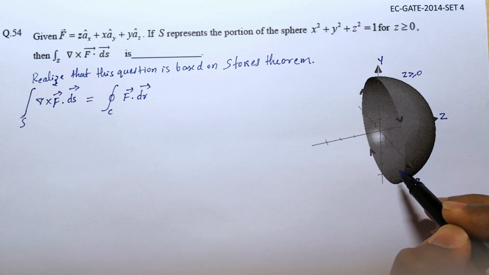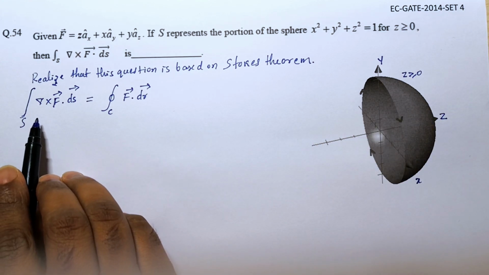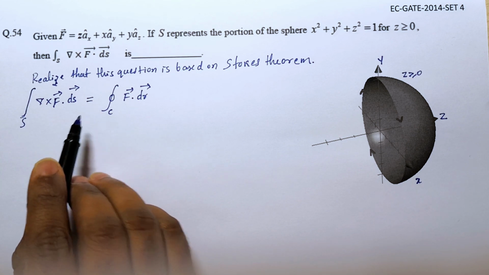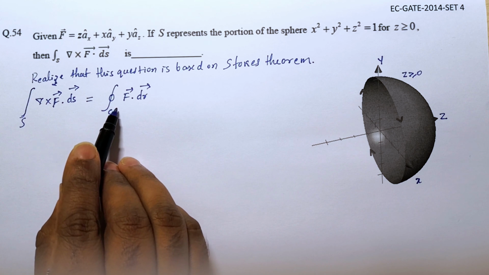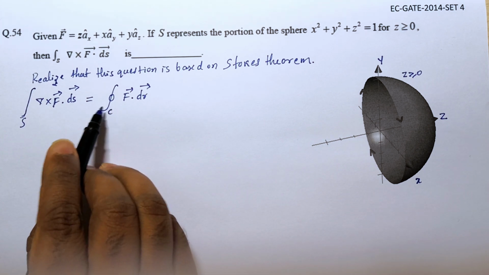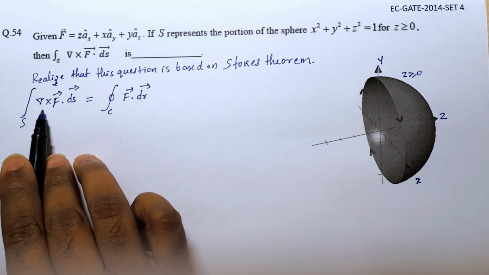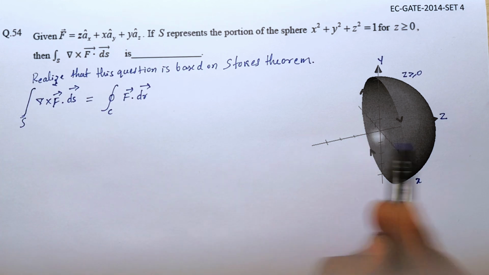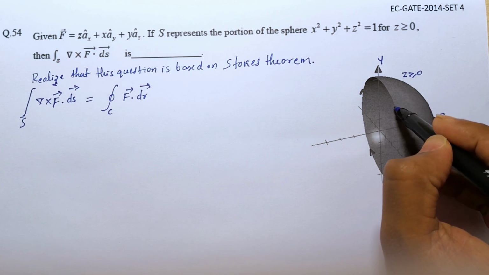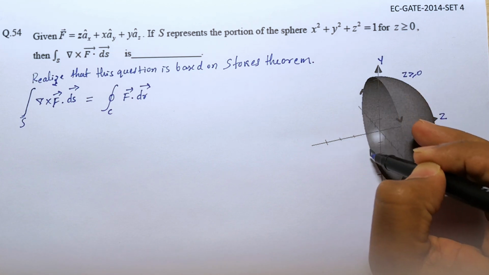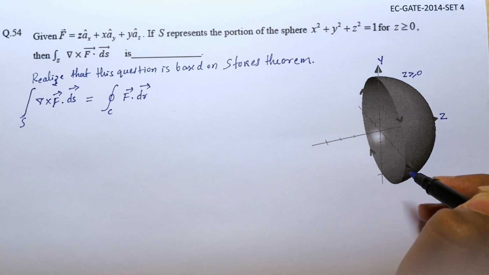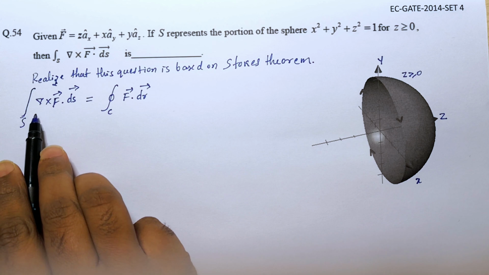Now in order to find the value of this integral, we can find the same value by solving the line integral, which is much easier to solve than this surface integral, and for this one we only need to integrate along this line, the boundary of the surface.